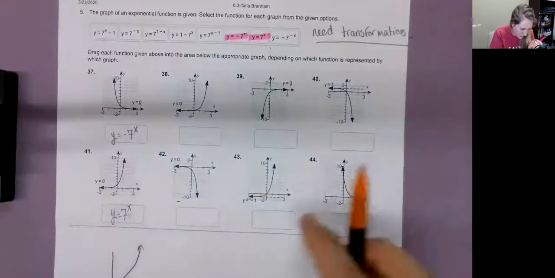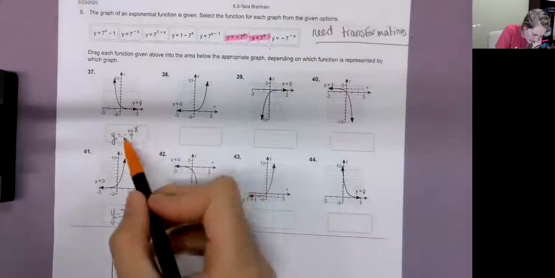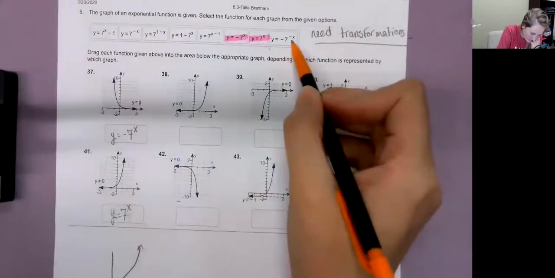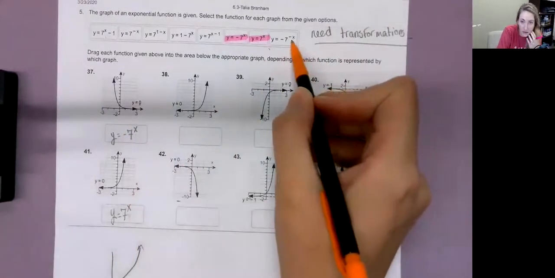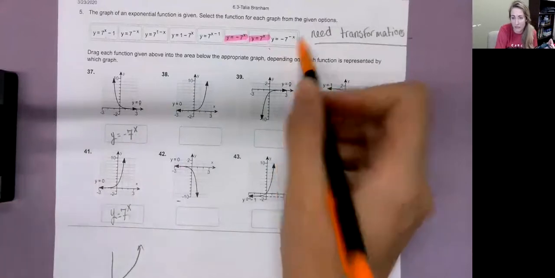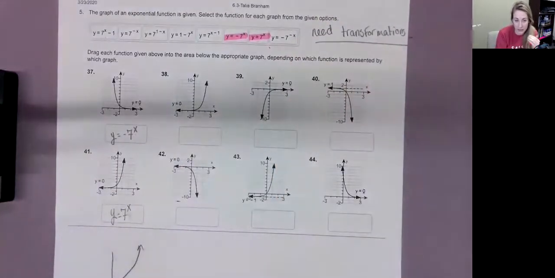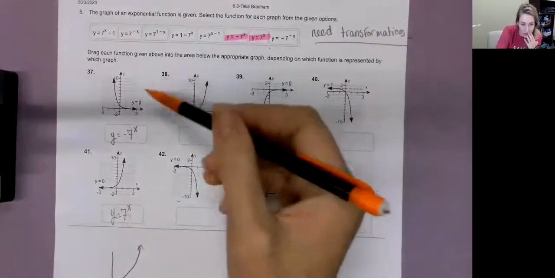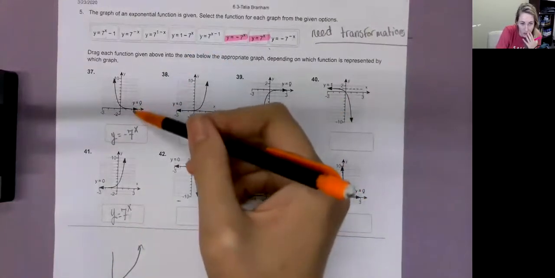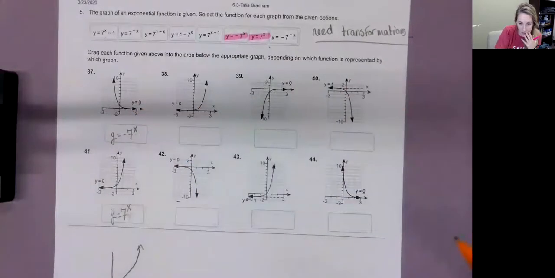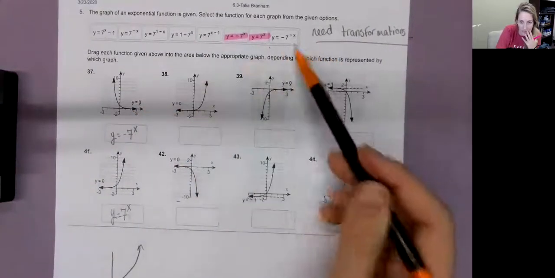Now then, if this is 7^-x, and if there's a negative in front of it, we are flipping it across the axis. Which axis? So we have this one, which is -7^x, and then we have the one that's -7^-x.